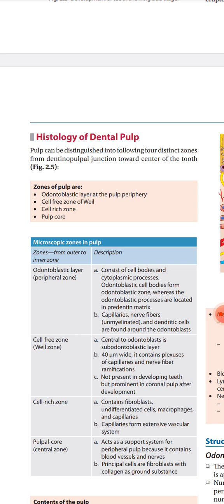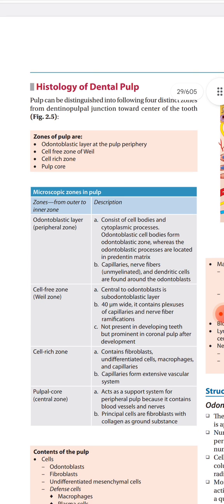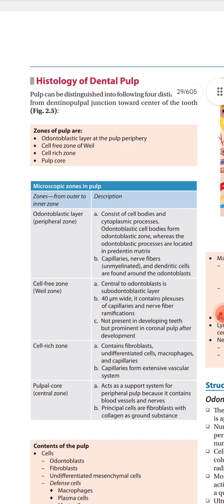Capillaries, nerve fibers and dendritic cells are found around the odontoblasts. Second, the cell-free zone is the zone of Weil, central to the odontoblasts, the subodontoblastic layer. It is 40 microns wide and contains a plexus of capillaries and nerve fiber ramifications, not present in the developing tooth but prominent in the coronal pulp after development.